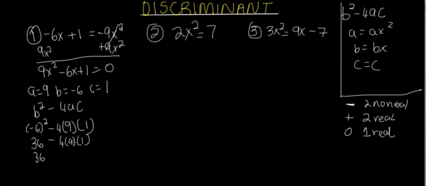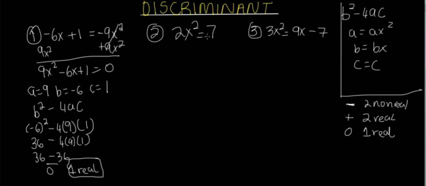So negative 4 times 9 is negative 36, times 1 is a negative 36, so I have minus 36. 36 minus 36 is 0. That's not the answer. This tells you that that's 0. When the answer is 0, how many solutions can you expect? One real solution. So if you're solving this, I should just get one answer, not two.